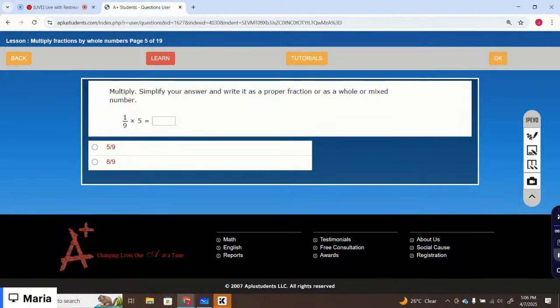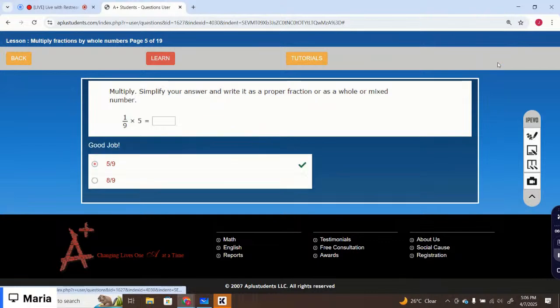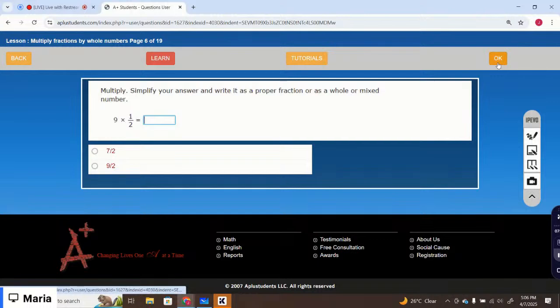1 by 9 times 5, so which is the correct option? Option number 1 is the correct option, that is 5 over 9. That is 9 over 2.